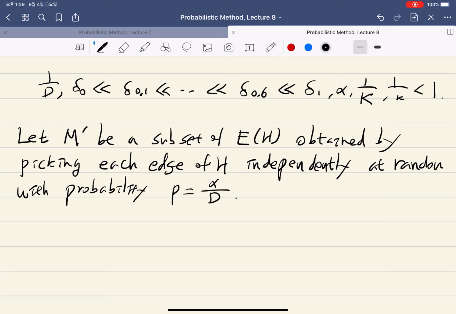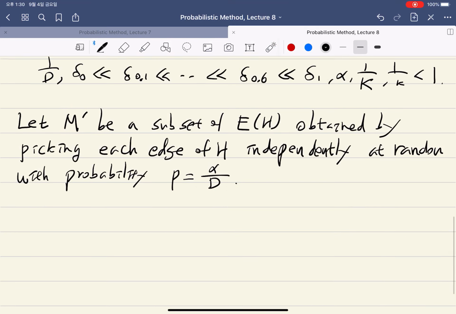So for each edge, we flip a coin which comes up heads with probability P and tails with probability 1 minus P. If it is heads, we add the edge to M prime. If it is tails, we don't add it.